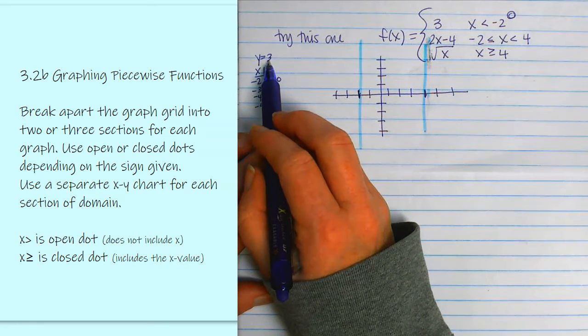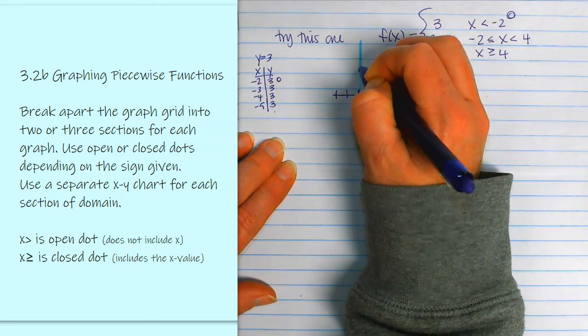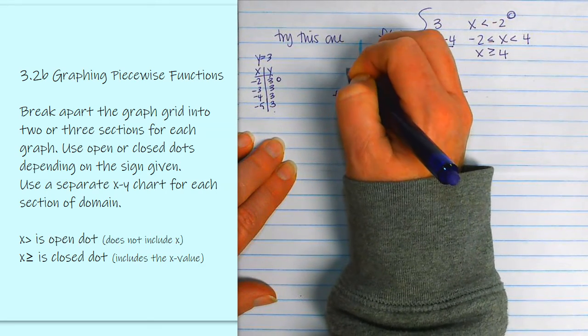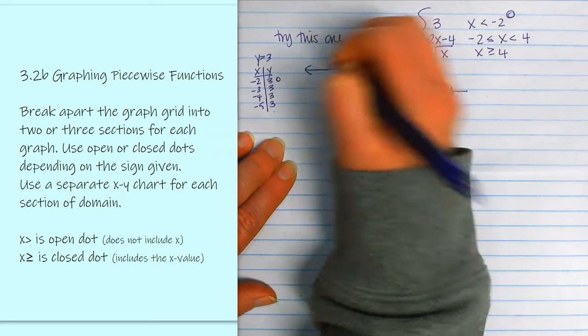So this is called the constant function because it's constant. -2 is at 3, an open circle. -3 is 3, 4 is 3. It looks like a straight line going this way.